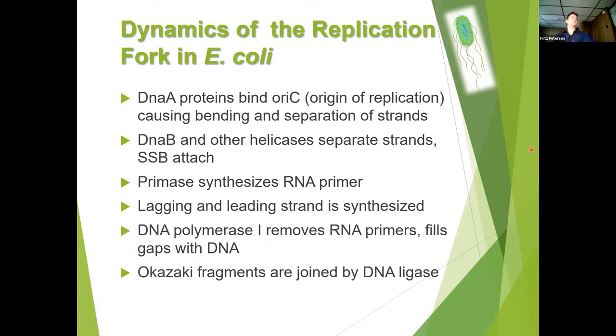So following this, DNA B and other helicase, remember I said helicase is the zipper enzyme, they separate the strands, and those SSB, the single strand DNA binding proteins, they attach to these strands to make sure that the two strands, once they're separated, stay apart.